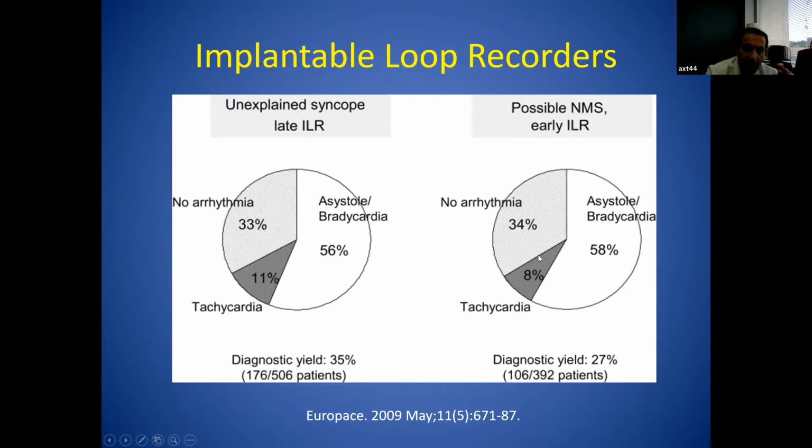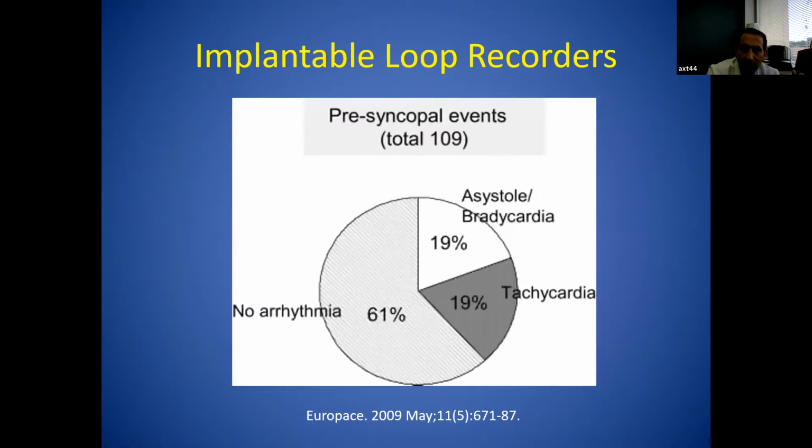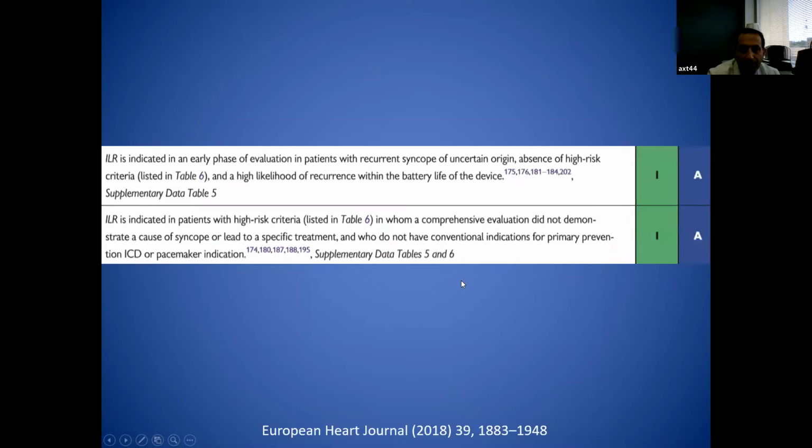If you look at patients who had pre-syncope, the diagnostic yield there is a little bit lower. With pre-syncope, you only get brady or tachy episodes about 19% of the time each, and the rest of the time you find nothing. So, ILRs are good for true syncope, less useful for pre-syncope.